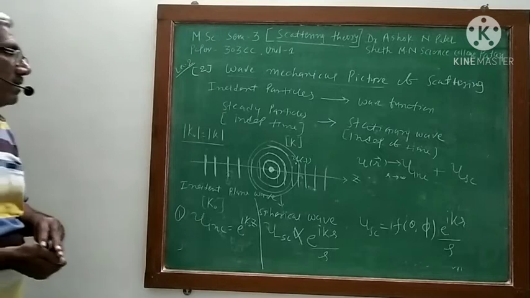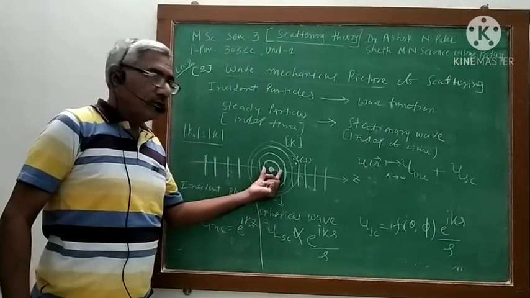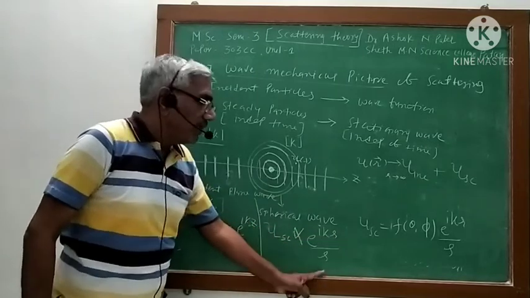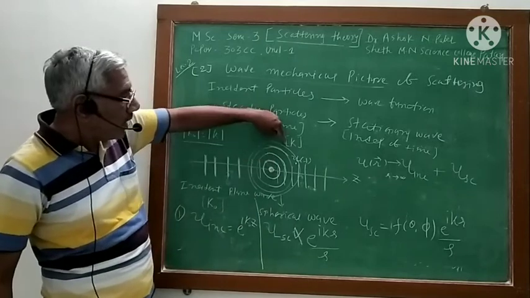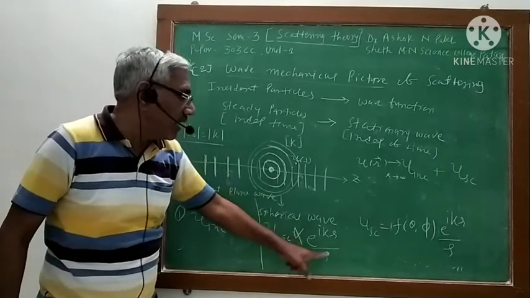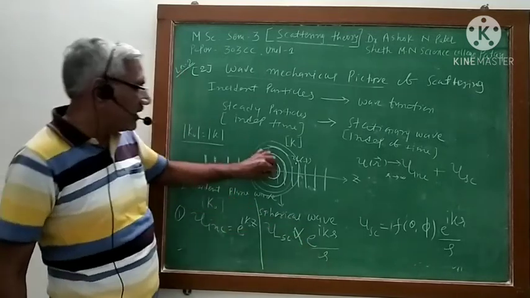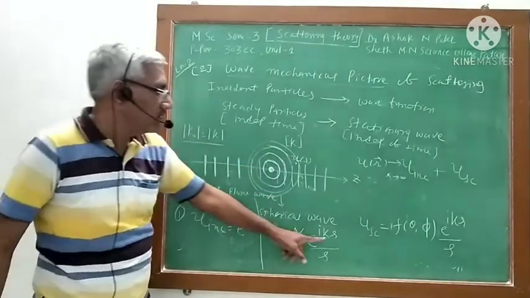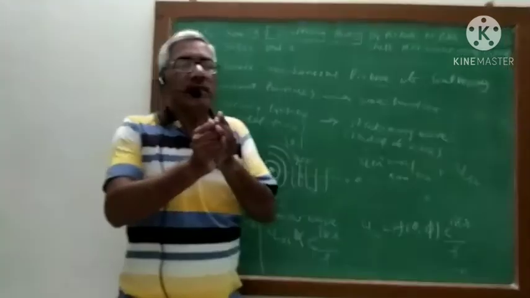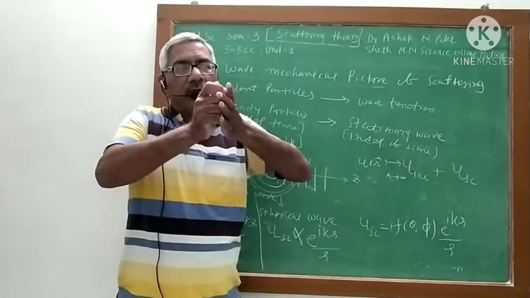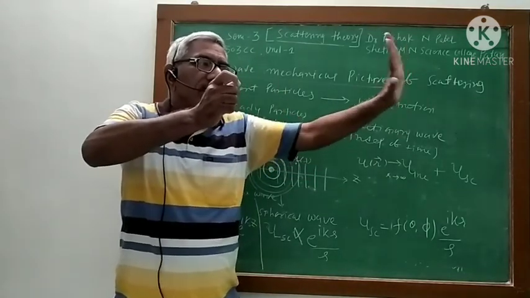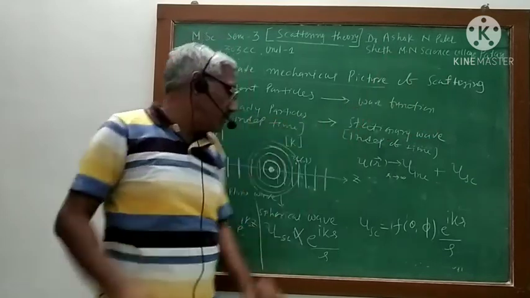What I am saying is that my scattered waves are proportional to e^(ikr) divided by r, because as you move away, the magnitude decreases by r. That's why I have to divide by r. Otherwise, spherical waves in the r direction can be represented like this, but I have to divide by r.